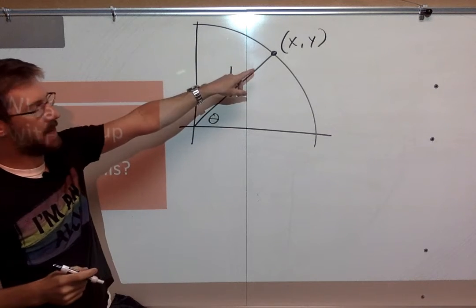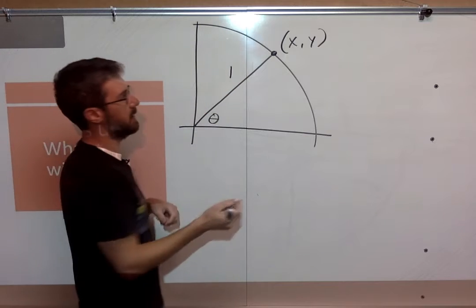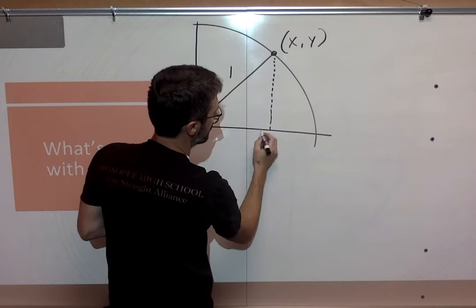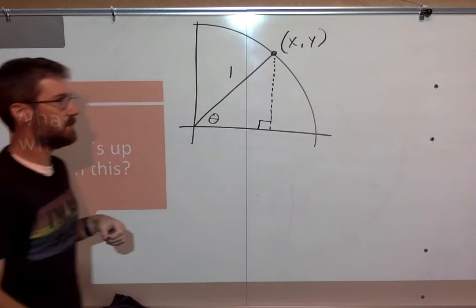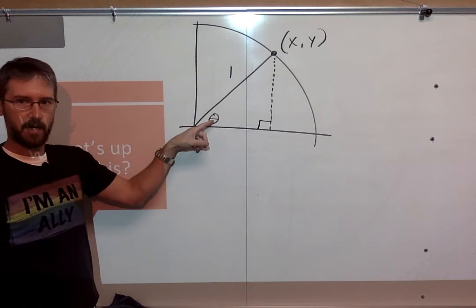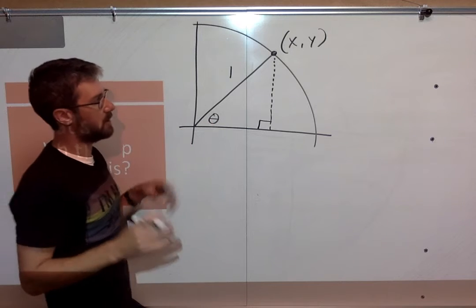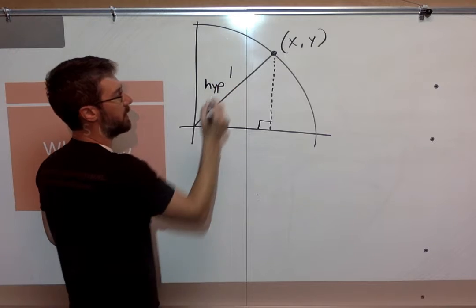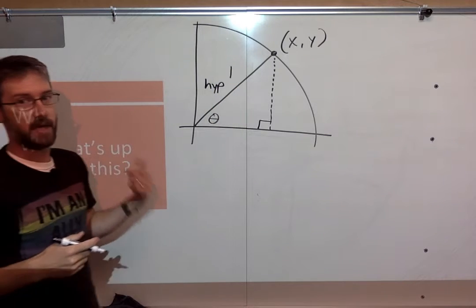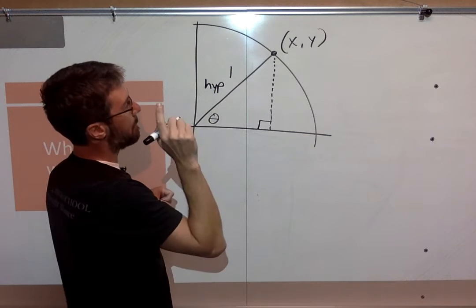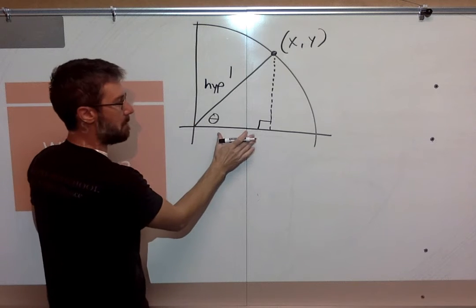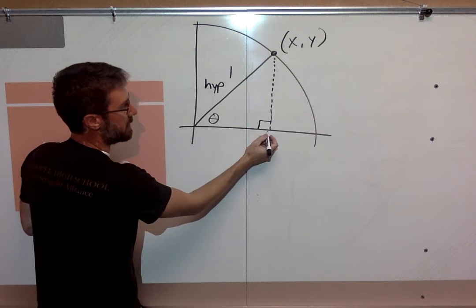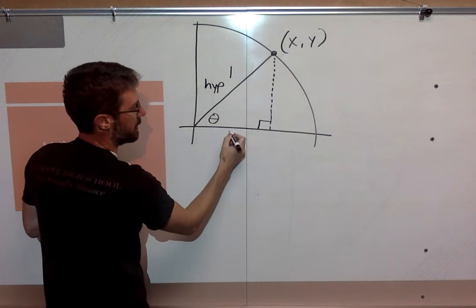Now, if I go from that point, or any point at any angle, and I trace straight up or down to the x-axis, I can make a little 90-degree triangle, right? Now, what's special about this, one, the hypotenuse is 1, and that's a super useful thing when it comes to establishing sine, cosine, and tangent. The other thing is the base of this triangle is the horizontal distance here, which is the same as the x-coordinate.